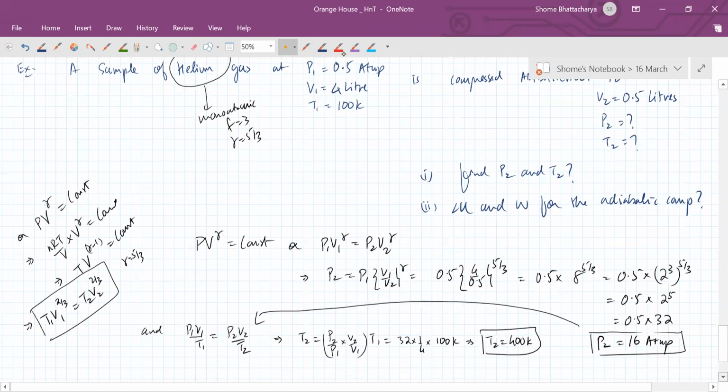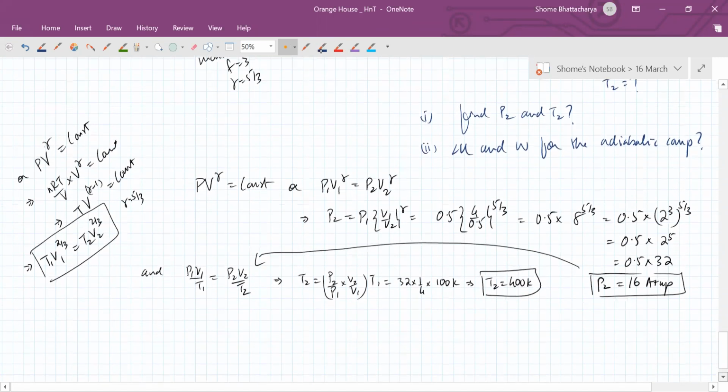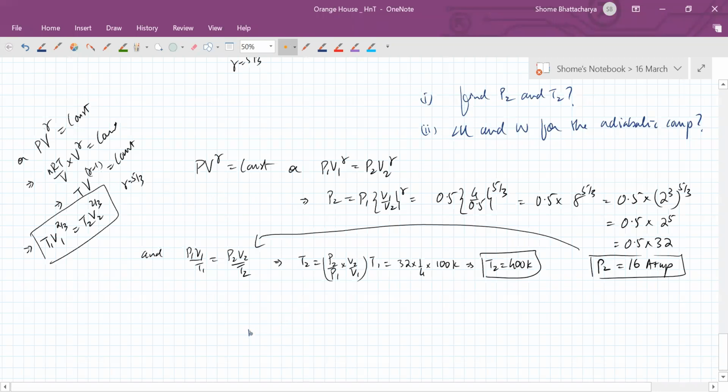That's the first part. Now second part, delta U and W. So delta U is NF by 2R delta T. So that is 3 by 2 into P2 V2 minus P1 V1. So 16 atmosphere into 0.5 liter minus initial pressure was 0.5 atmosphere and the volume was 4 liters.